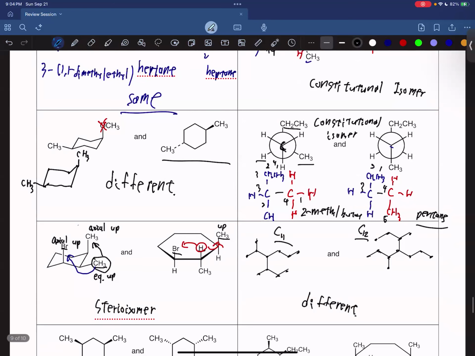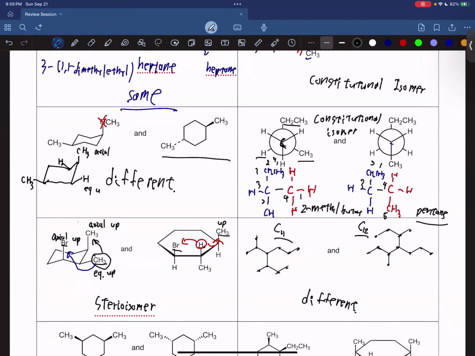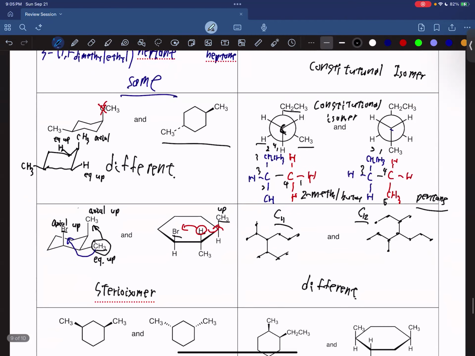So now in that case, I'm going to write down which one is axial and which is equatorial. This CH3 is axial. So the two side groups are going to be in equatorial positions. We have these two in equatorial positions.